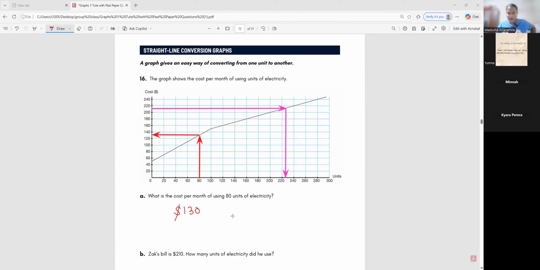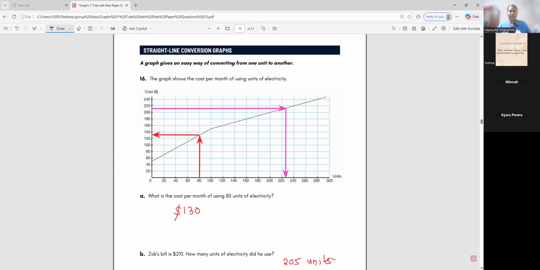So it is not half. It's not in the middle. 220, 240, the middle is 210. It's like half of that. 205. We can write only rough answers based on the graph. 205 units.